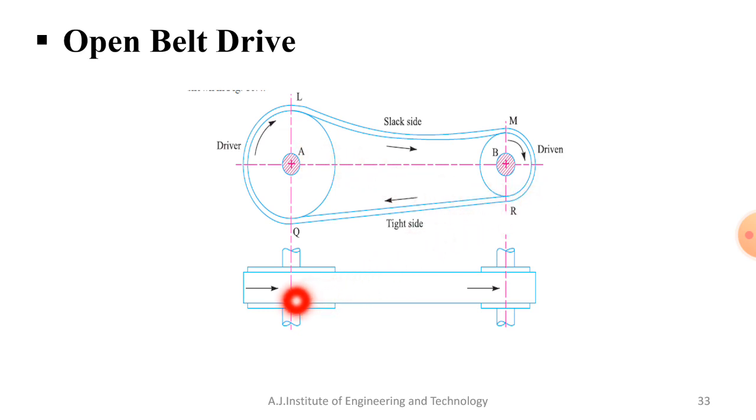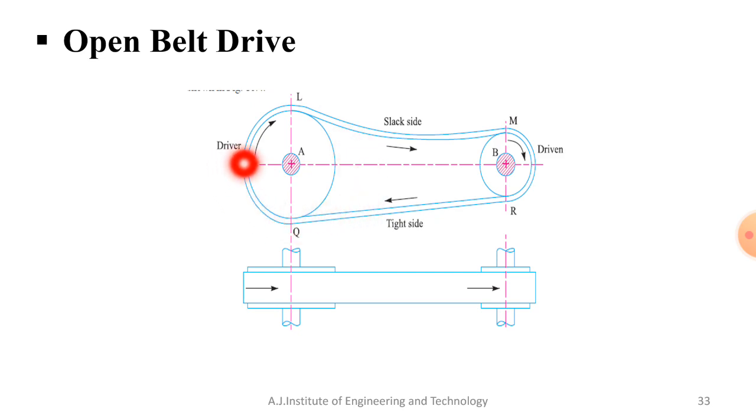Here you can see one more view. This is the belt. This is the top view, and this is the front view. You can see these two are the shafts. This is the axis of shaft, and similarly here, axis of shaft B. From the top side, you can see the belt, and there will be two pulleys.